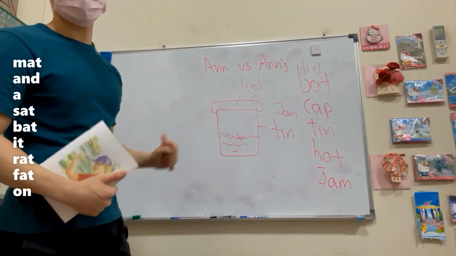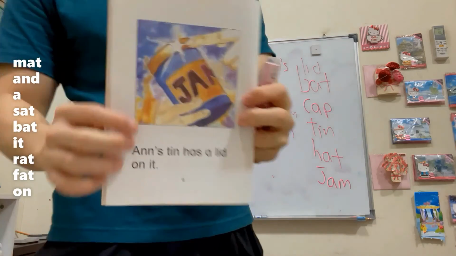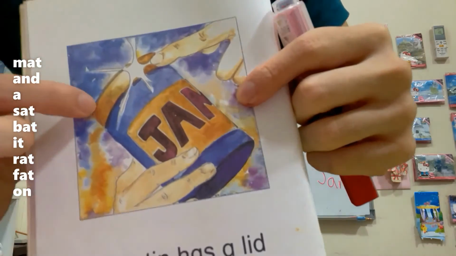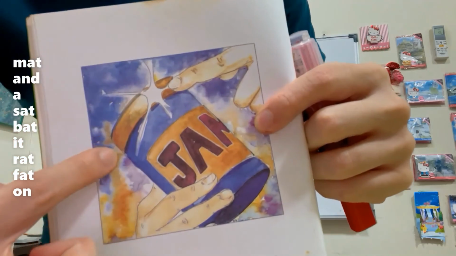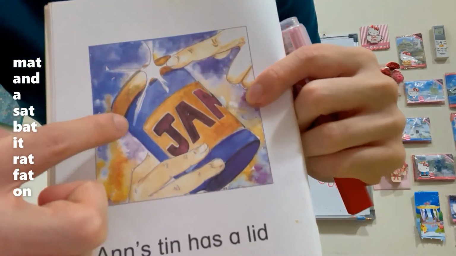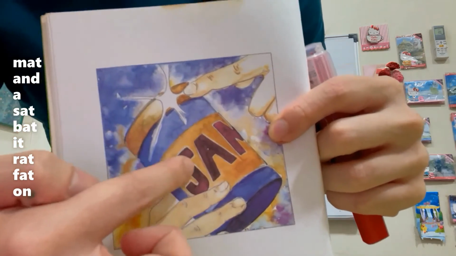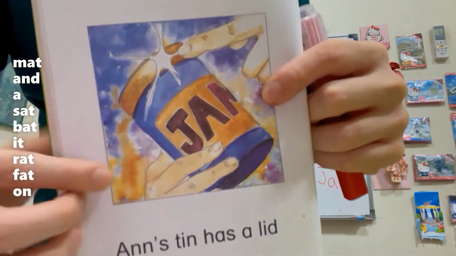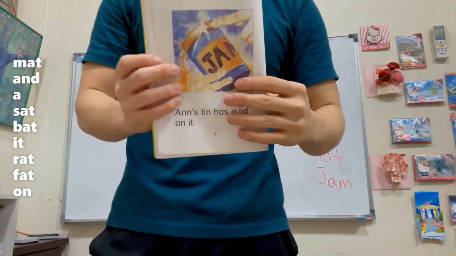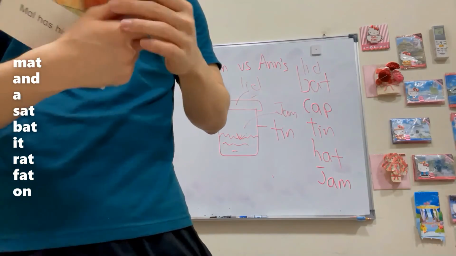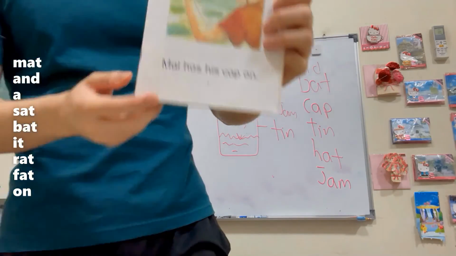So a lid is this one. This is a jam. What is inside is the jam, and the container is a tin. Let's move on to the next one, which is this one.